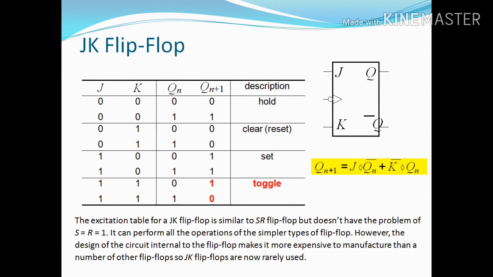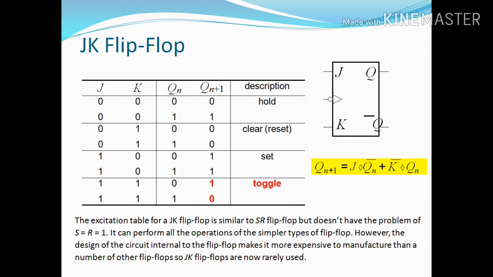It can perform all the operations of the SR flip-flop, but the only case is when J equals 1 and K equals 1, then the value depends on Qn. If Qn is 0, it gives us Qn plus 1 is 1. If Qn is 1, then Qn plus 1 is 0. That is the only difference between SR and JK.